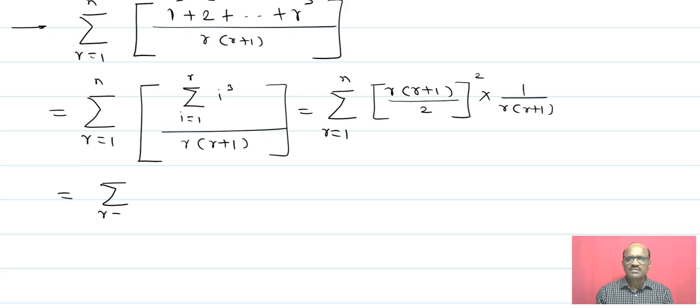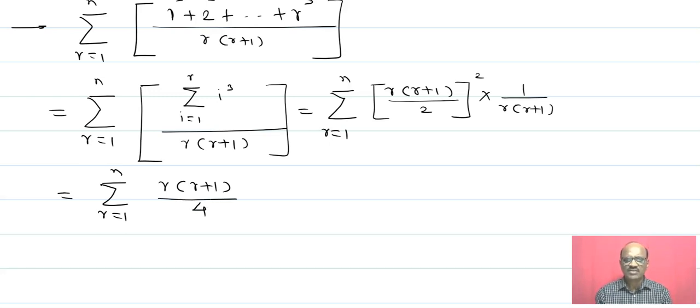Therefore, summation r is equals to 1 to n, the terms will get cancelled, that is r into r plus 1 upon 4.